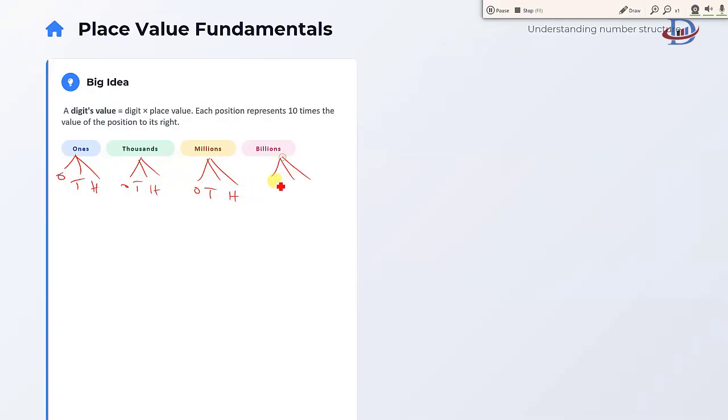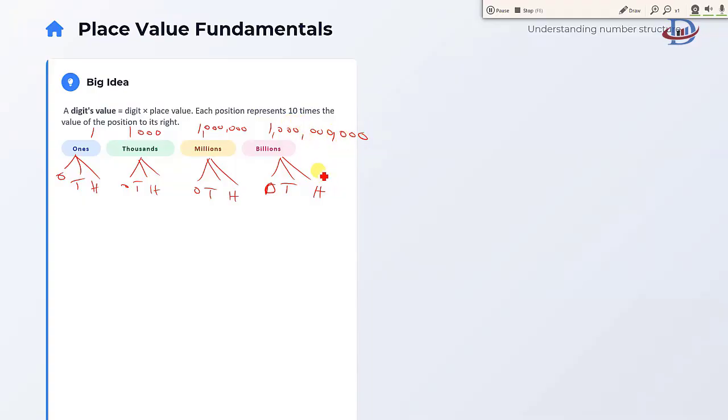Here, this is thousand. Here, this is million. And this one is billion. If you remember, that is 7 digits for the first groups.